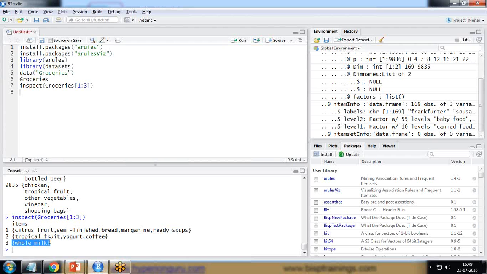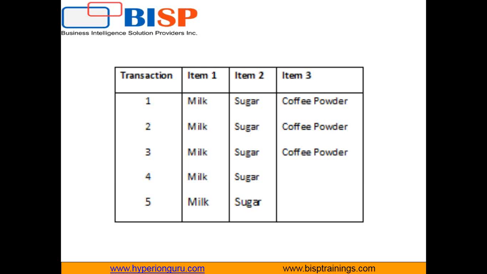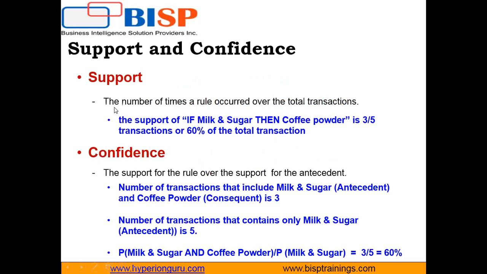Now, before I jump deeper, let's understand the terminology we are going to use in market basket analysis. We have mainly two terms: first one is support and second one is confidence. Let's understand support first.